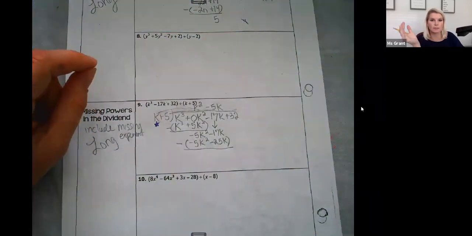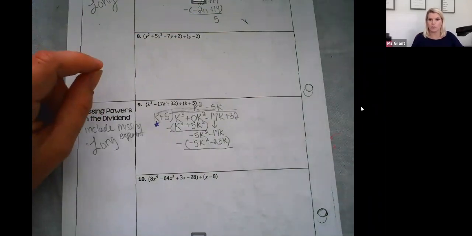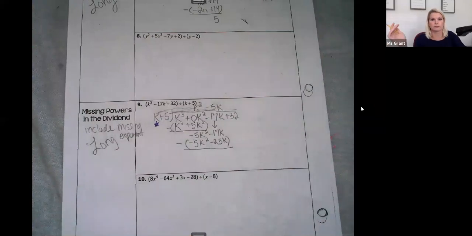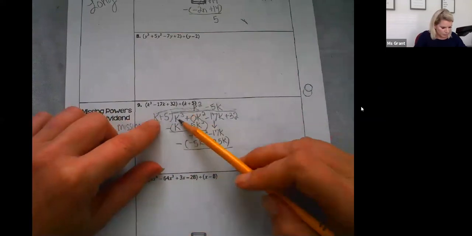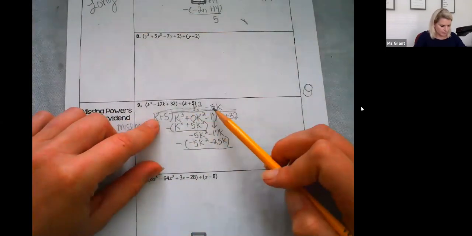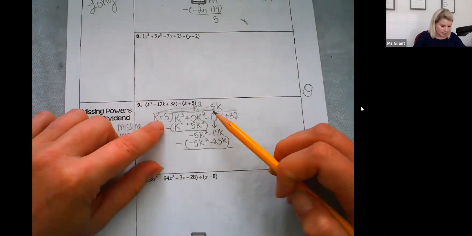By the way, how's it going so far? I haven't heard from anybody. Are you okay? Yeah, good. Other people? Anybody have a question or you don't understand how I got what I got? The ordering's all the same. It's just getting in the habit of, okay, first I do this, then I do this. First I divide, then I multiply by what's on top, the 5 and the k, and then I subtract.